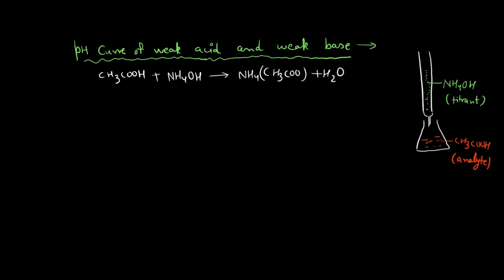And of course we have a phenolphthalein indicator here to check the endpoint. Okay, so now we will draw the pH curve for this system.